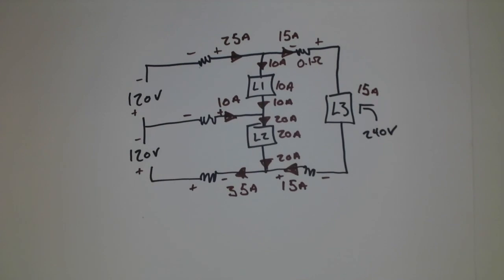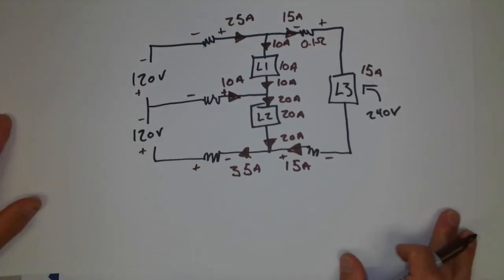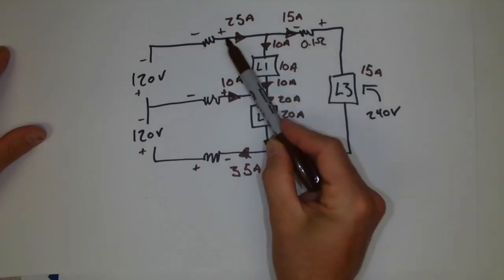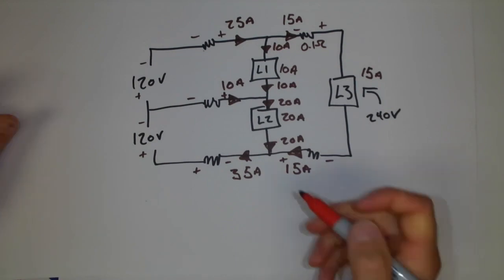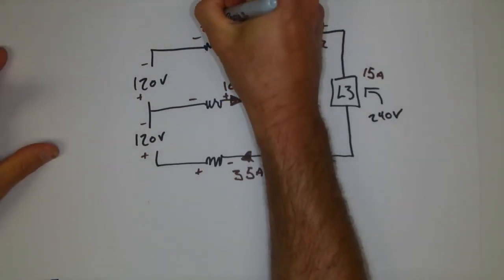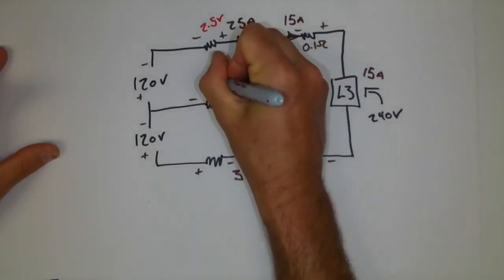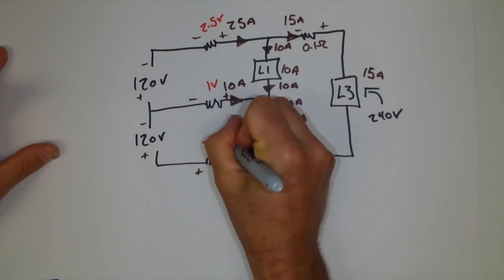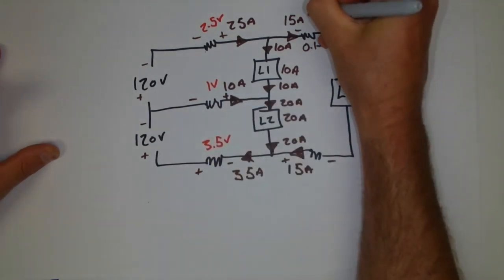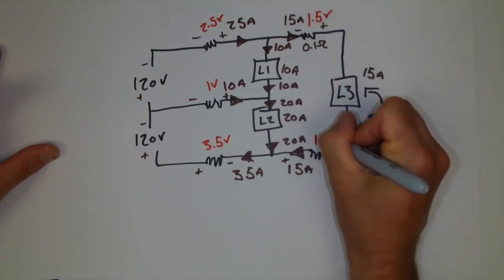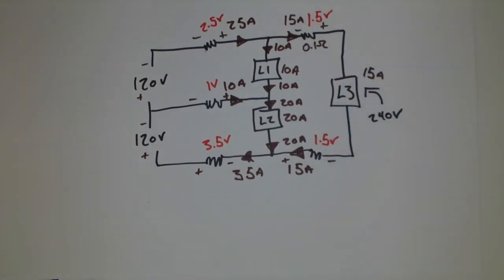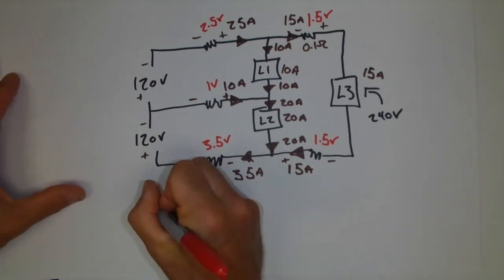So for load number one, load one would have a voltage. Well, we'd need to work out the individual voltage drops, right? So let me use red, and we'll say 2.5 volts, 1 volt, 3.5 volts, because each one of these has a resistance of 0.1 ohms. All right, so first one, load one.